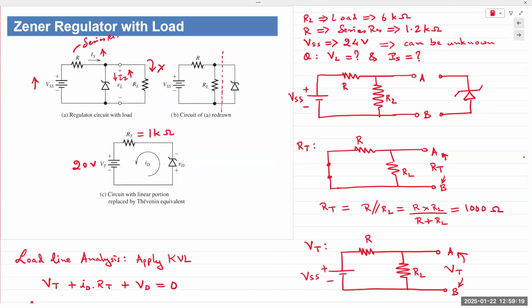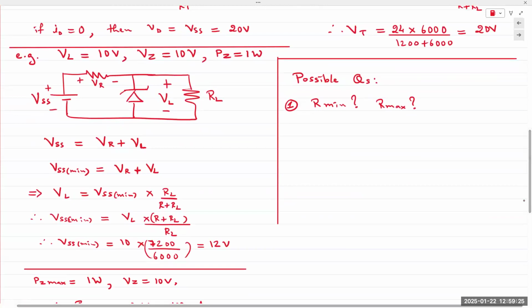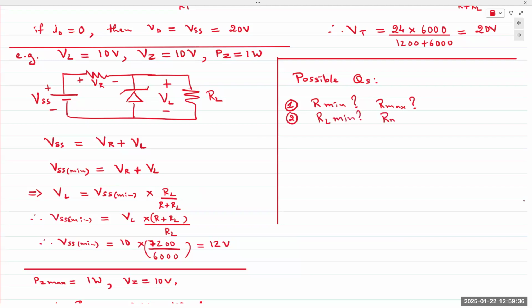We could also find a range of values for RL using those same equations, RL min and RL max. So there will be a range of load values.